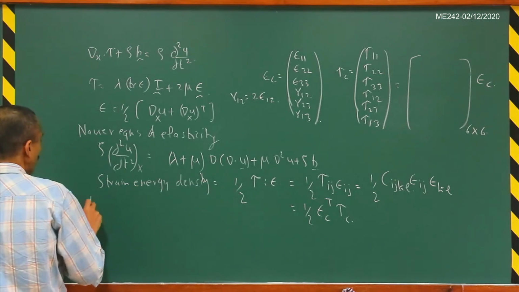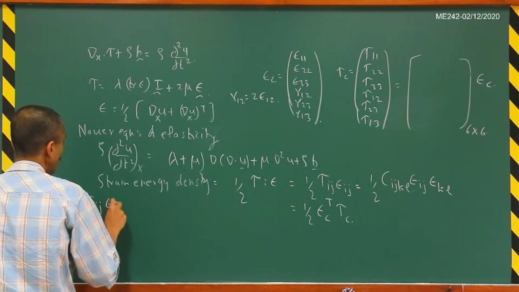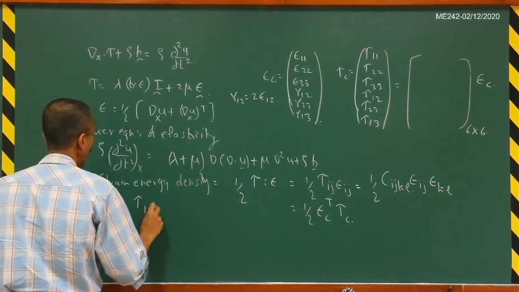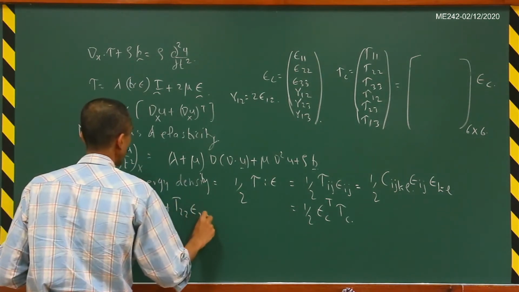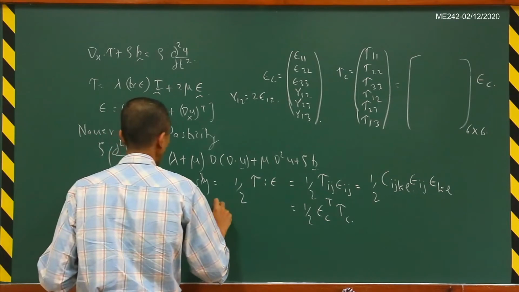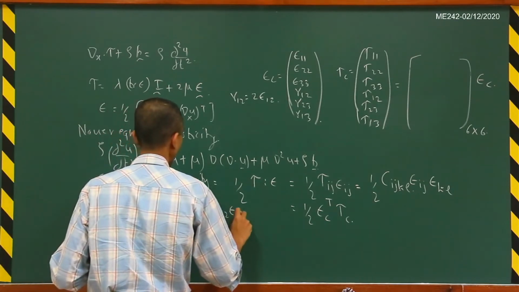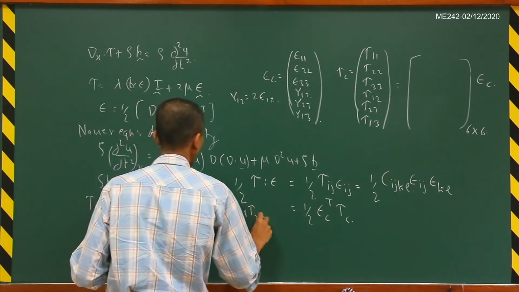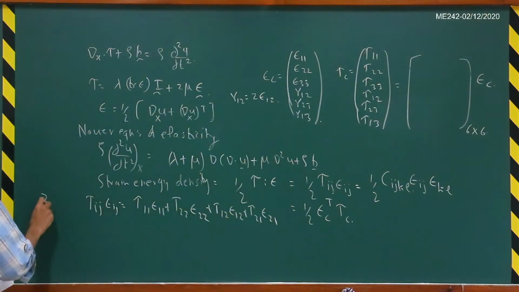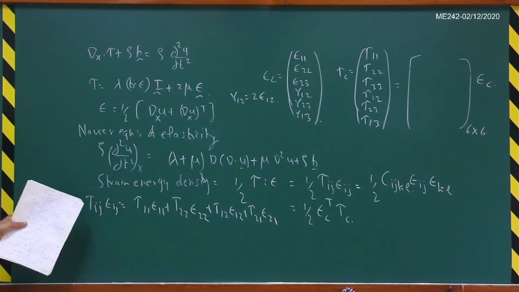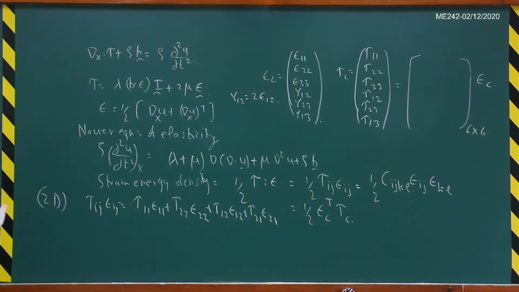Tau ij epsilon ij is equal to tau 1 1 epsilon 1 1 plus tau 2 2 epsilon 2 2 plus tau 1 2 epsilon 1 2 plus tau 2 1 epsilon 2 1. I am writing it only for 2D, but the 3D situation is very similar, so we don't need to worry.